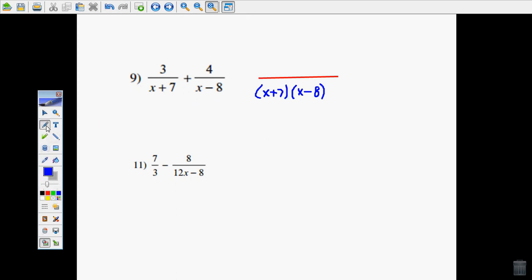I just lost that one. But I'm going to multiply the numerator and denominator here by x minus 8. We're just going to ignore that 9 over x minus 8.